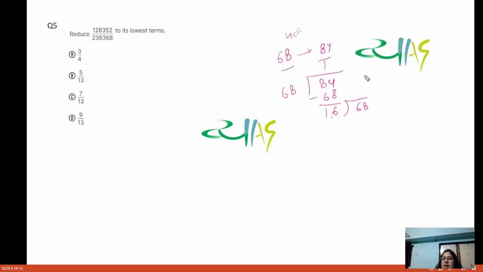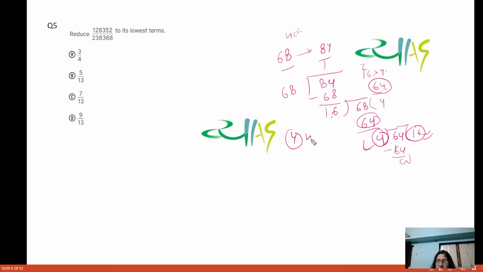How many times will it go? 16 fours are 64. Now you have 4 here. Just divide 64 by this 4. Obviously the remainder will be 0, because it is divisible 16 times. So you come to know 4 is the highest common factor of these numbers.